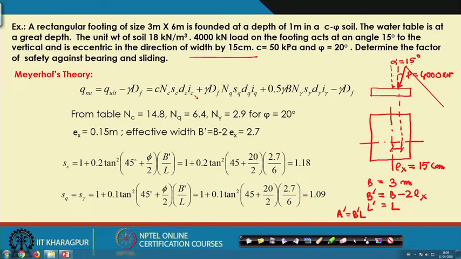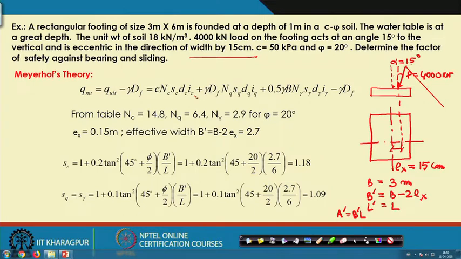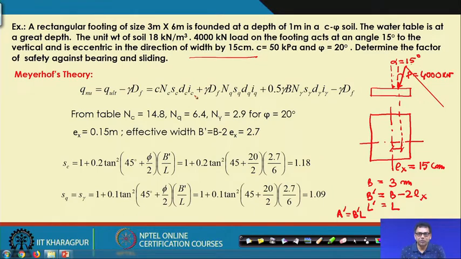If the loading is not inclined, alpha is equal to 0, that means perfectly vertical, then Ic, Iq, I gamma are 1 because that effect is not there.